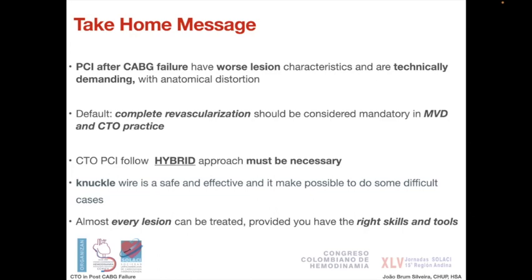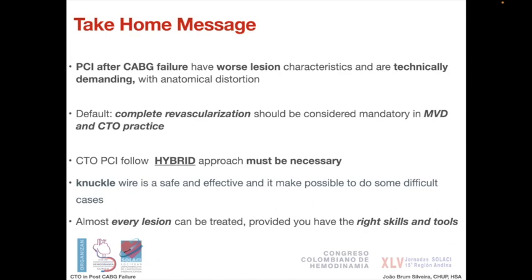It should be considered mandatory in multivessel disease and CTO practice. CTO PCI following the hybrid approach is necessary. You can do it by mastering the antegrade wire approach and retrograde. You need to do antegrade dissection re-entry and retrograde dissection re-entry with reverse CART. It's a very important point.